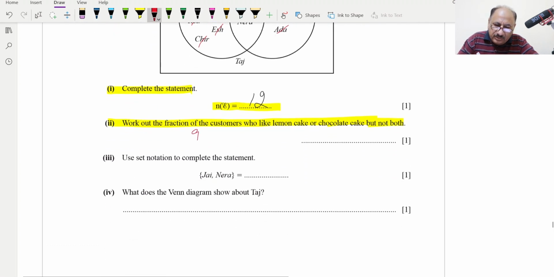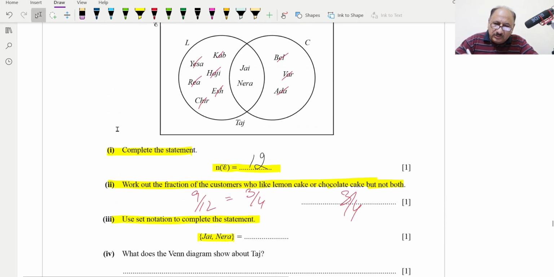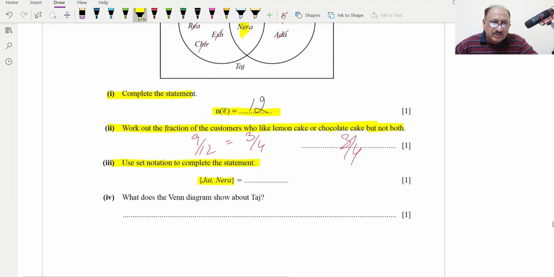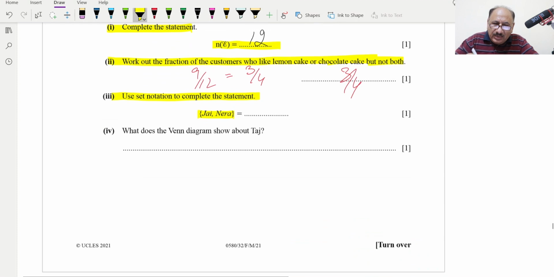So we'll write here 9 out of 12, which we can give as simplified answer as 3 by 4 also. Both are correct answers. Then the next third part, use set notation to complete the statement. These two are in this one. You can see this, both are intersections, so we can write L intersection C.